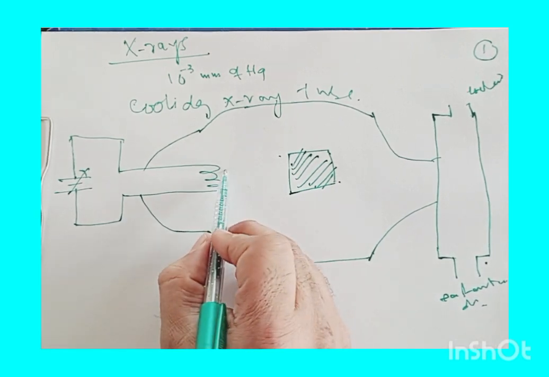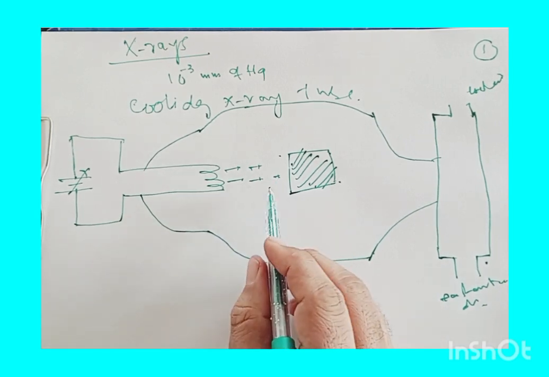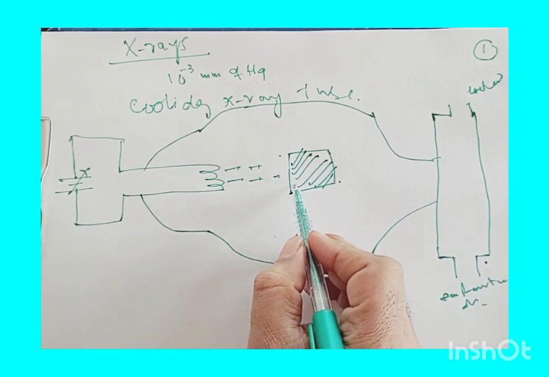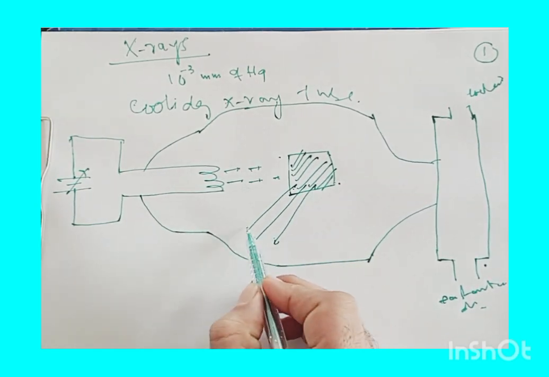What we have from here is thermionic emission, the electrons, and we can have X-rays.